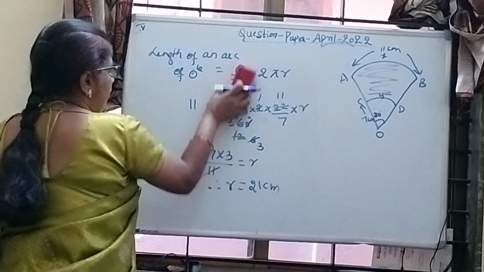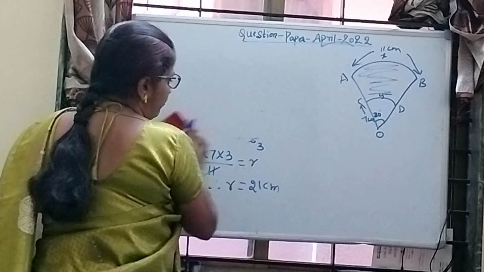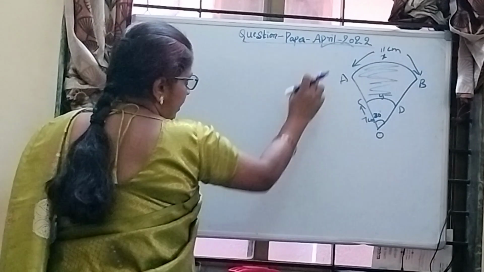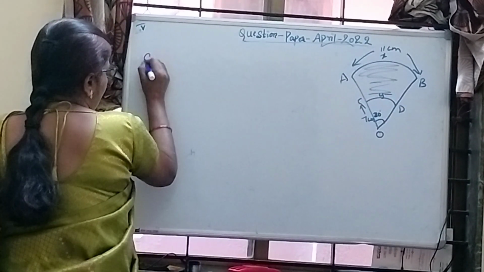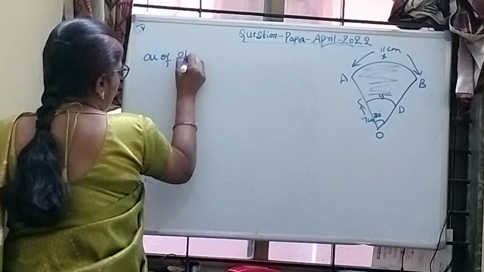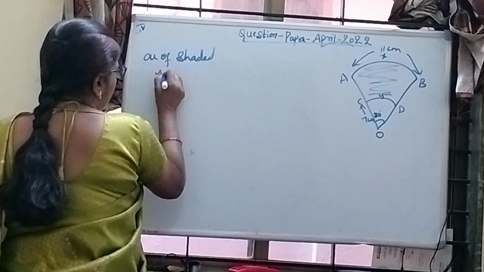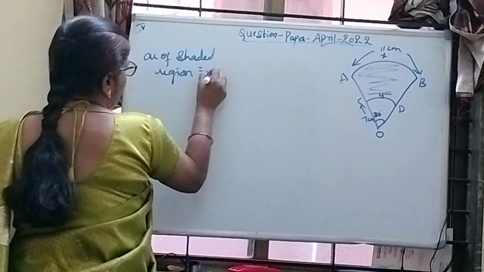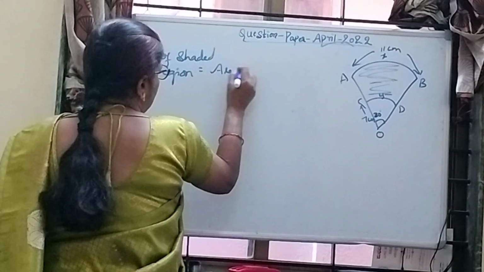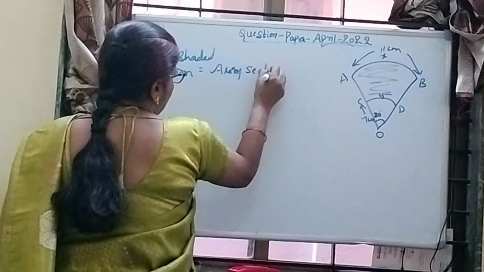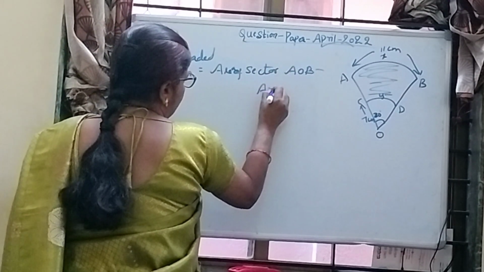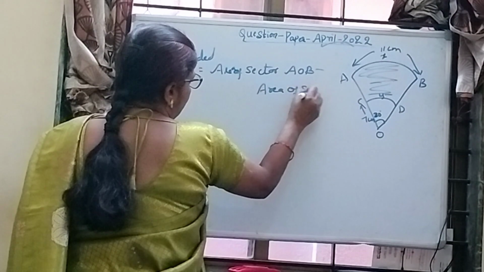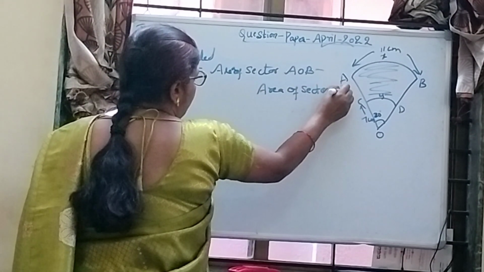Now, to get the area of the shaded region, we have to take the area of sector AOB minus the area of sector COD. So the area of the shaded region is equal to area of sector AOB minus area of sector COD.